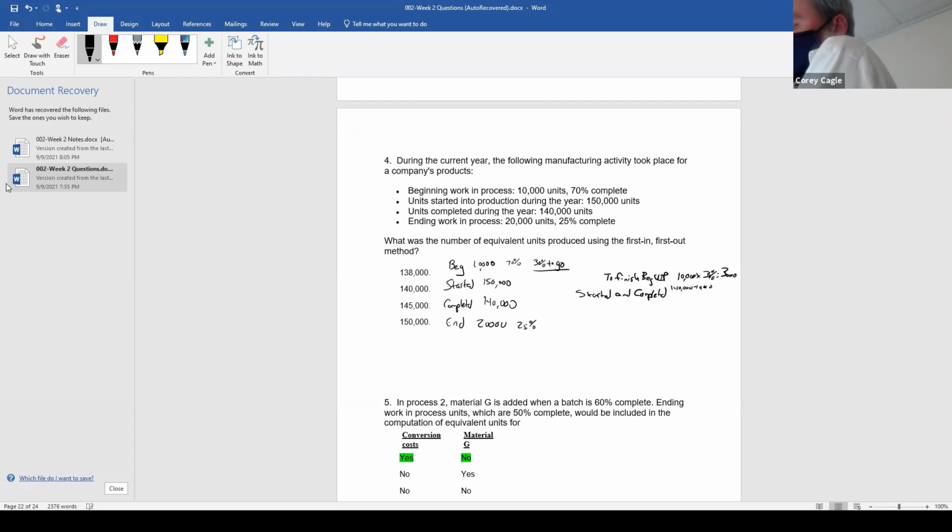Or you could say 150 minus 20. 150 that we started, 20 of which we didn't finish. Either one. 130. And then ending work in process, the same old deal that we've been doing. 20,000 times 25%. All right, so 138.